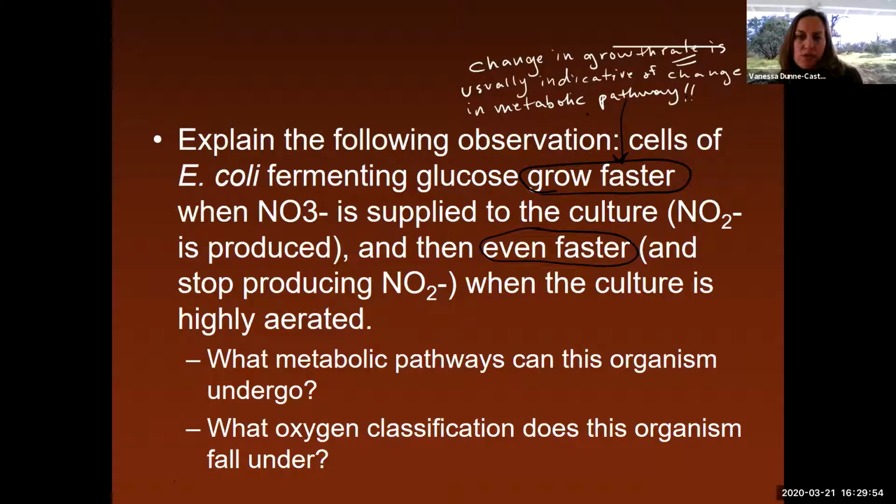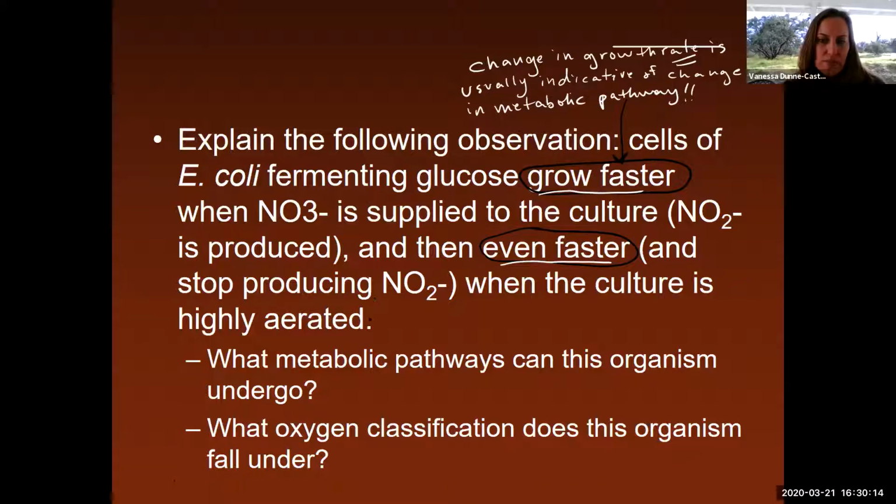Okay, so if you see a change in growth rate, like grow faster, grow slower, stop growing, whatever it might be, that usually means something's happening metabolically, and you should pay attention to whatever else is discussed to try to figure out what actually is occurring at the biochemical level, okay?